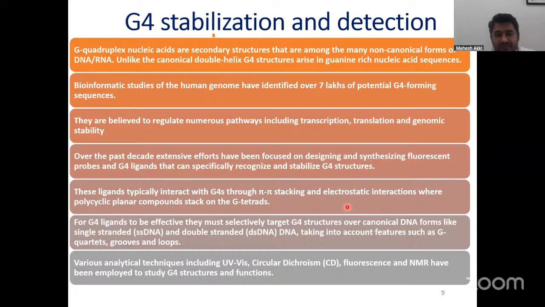For these ligands to be effective, they must display high selectivity for G-quadruplex sequences over canonical DNA forms like single-stranded DNA and double-stranded DNA. To study and confirm these interactions, a range of powerful techniques are used, like UV-visible spectroscopy, circular dichroism, fluorescence assays, and NMR, that is nuclear magnetic resonance.